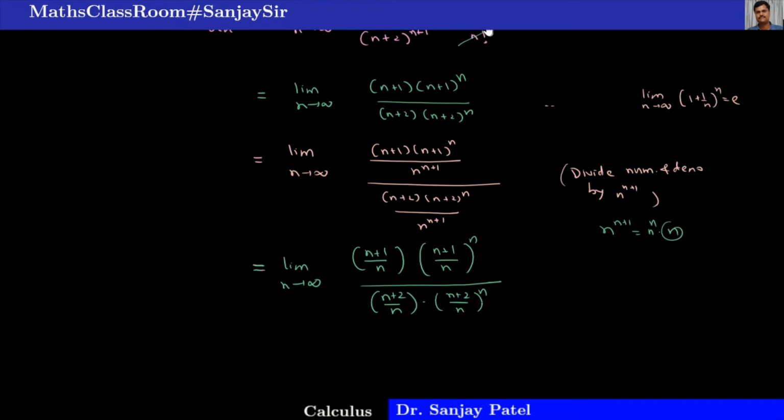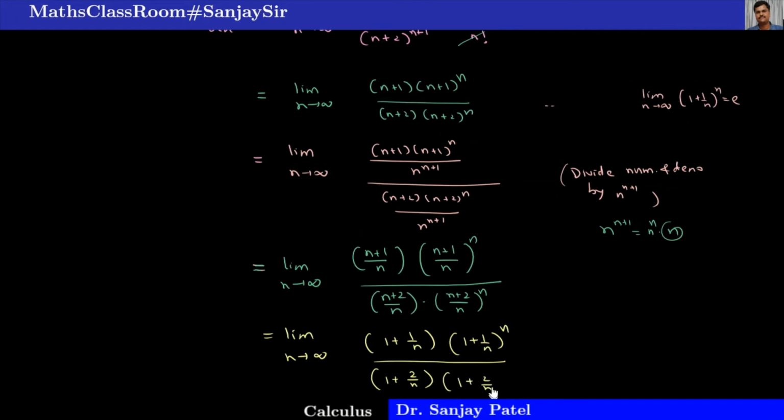So this is equal to limit n tends to infinity. You can rewrite this as 1 plus 1 upon n. This I can write as (1 plus 1 upon n) raised to n. Denominator I can write as (1 plus 2 upon n) and (1 plus 2 upon n) raised to n. Okay.